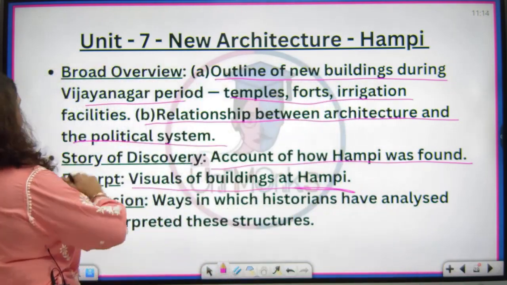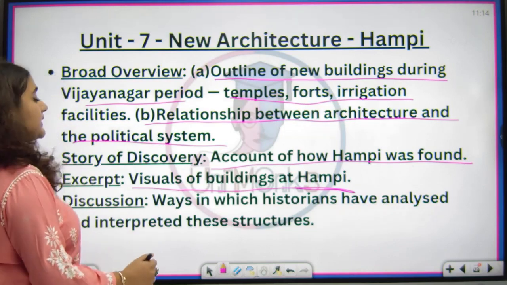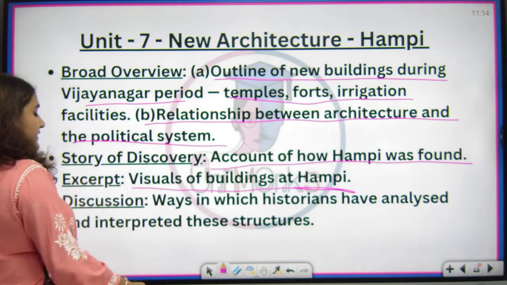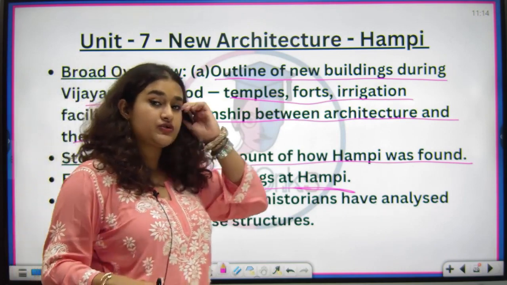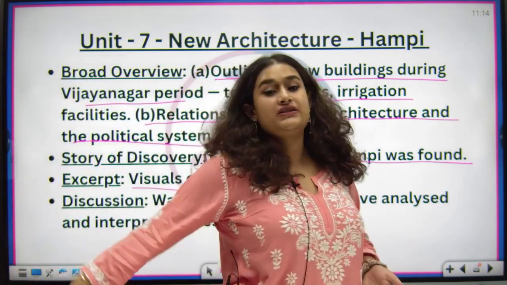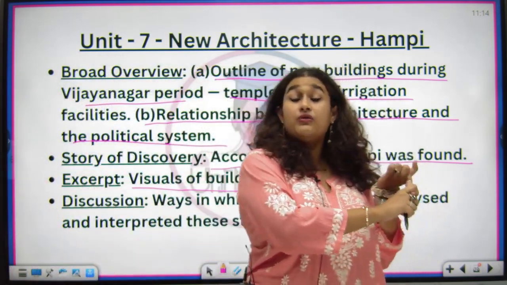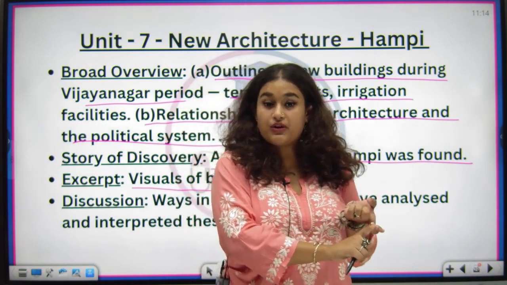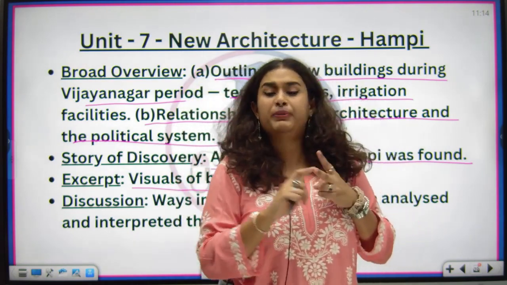Now, a discussion will happen on the ways in which historians have analyzed and interpreted these structures. From these structures, historians found out, number 1, how rich the Vijayanagar Empire was, and number 2, how peaceful the empire was.